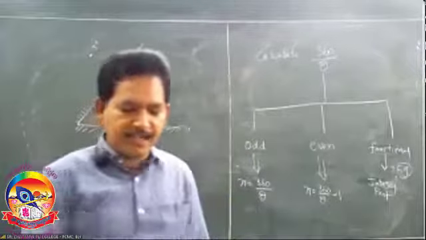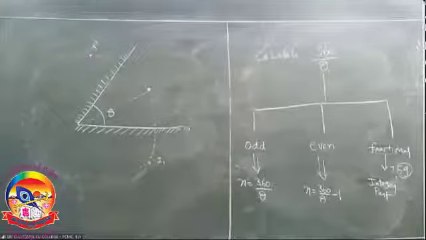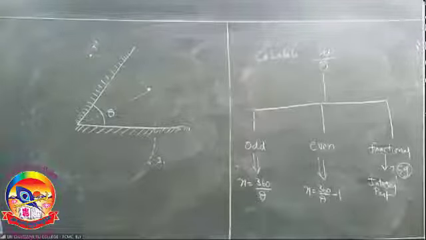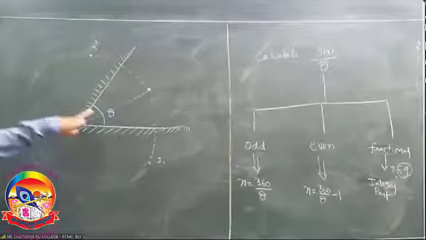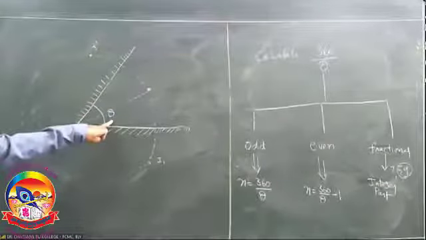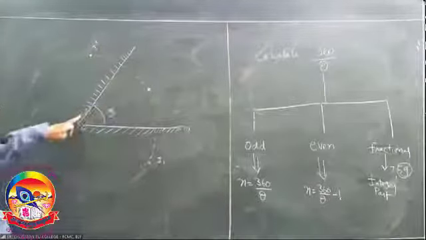I'm showing the example also. So how to calculate the number of images? Inclined mirrors: two mirrors inclined at an angle theta. The object is placed along the perpendicular bisector.